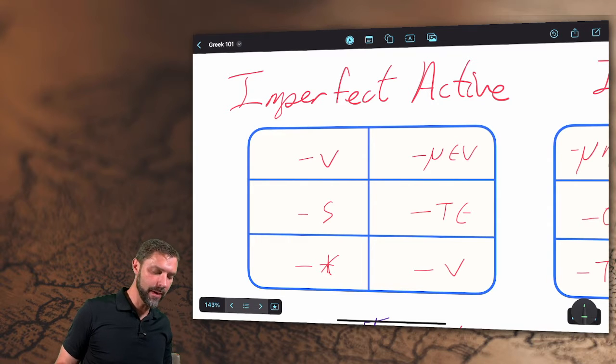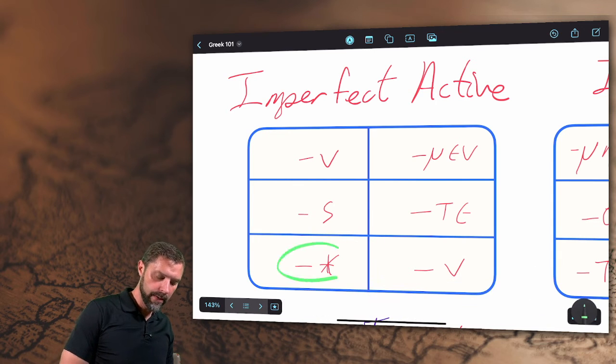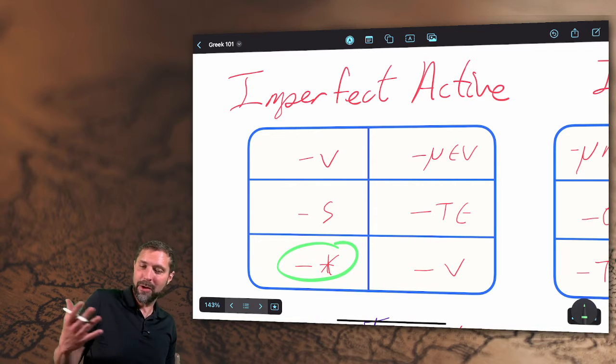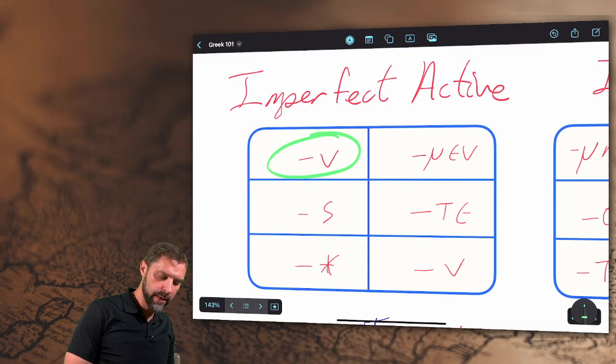A couple of explanations here. The blank is just because in this spot, there isn't an ending. You just use your stem. Also worth noting is that in these two spots, this and this are identical.